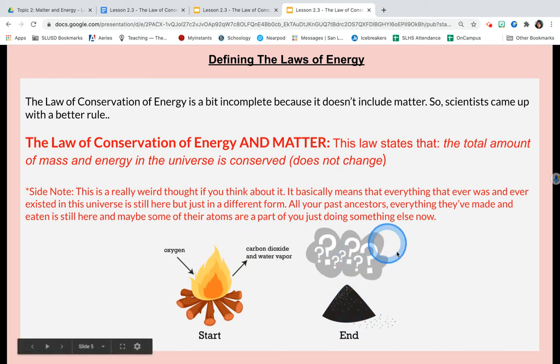So mass and matter and energy don't change. What you start with is always the same as what you end with. And that is the law of conservation of energy and matter.